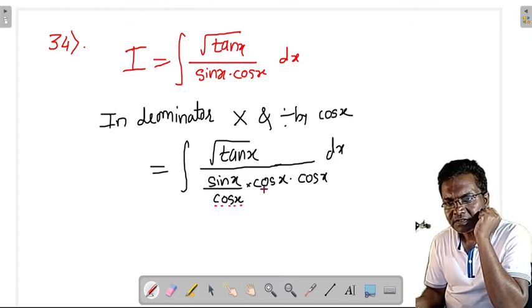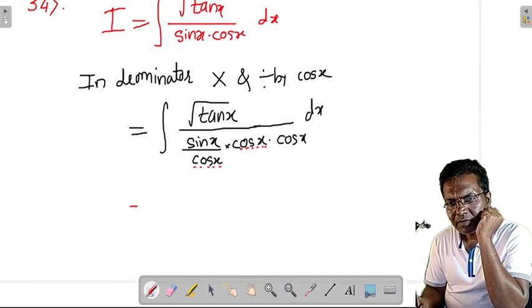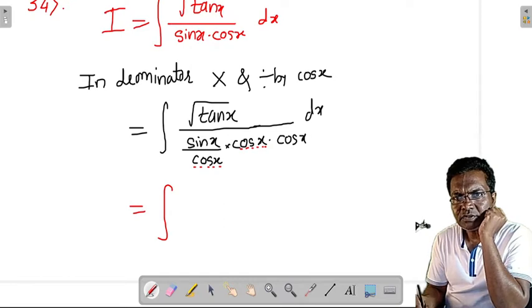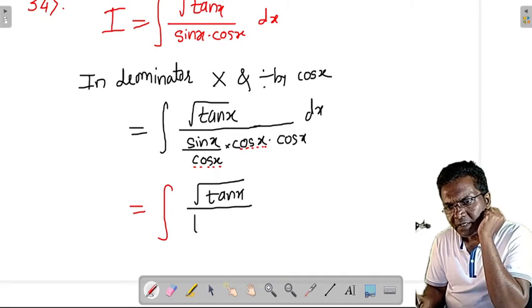Now what will we get? Integration of square root of tan x divided by tan x into 1 by cos square.